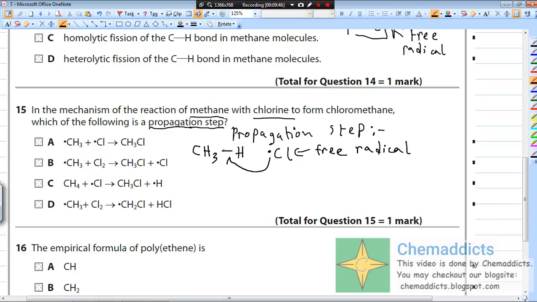So this bond breaks homolytically, forming another free radical, which is the methyl free radical.